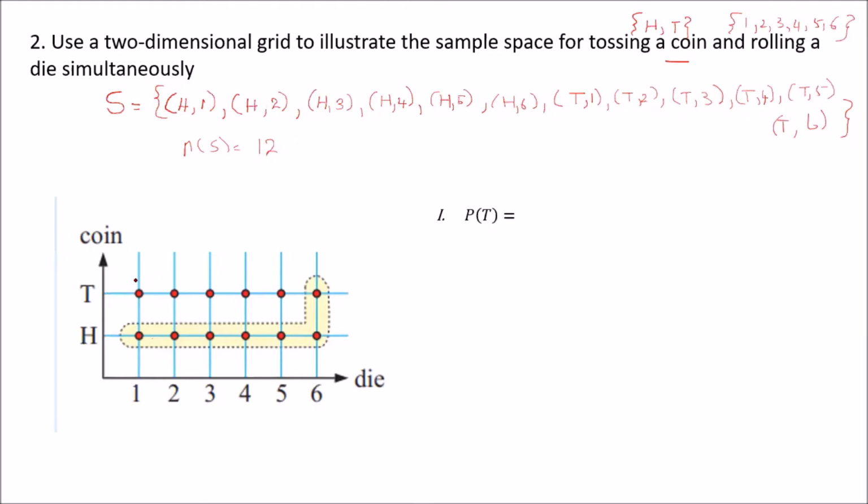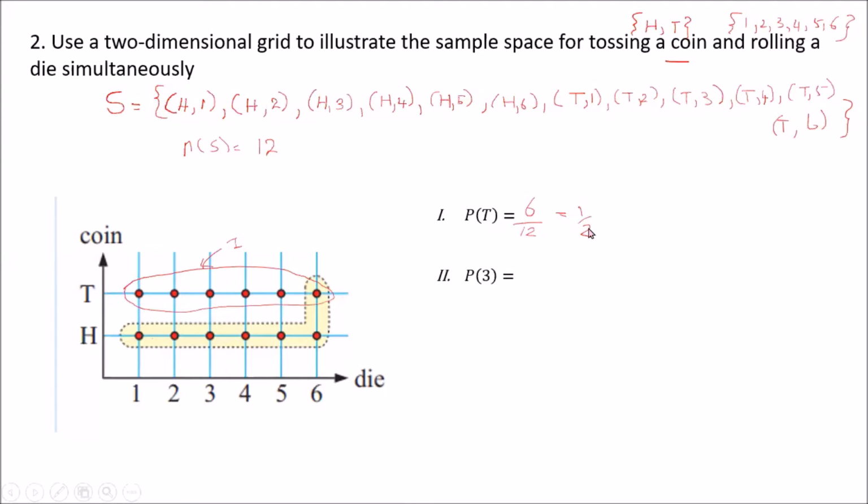Yes. Now this one represents the probability of obtaining tail: tail with number 1, tail with number 2 from the die, and so on. Then there are 6. 6/12 in the simplest form we can write as half.